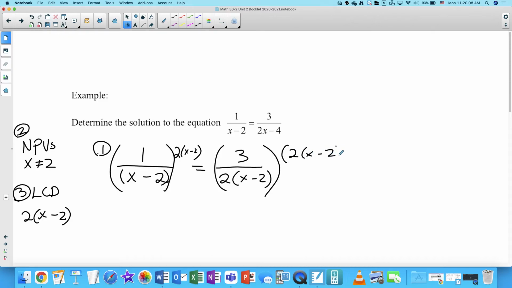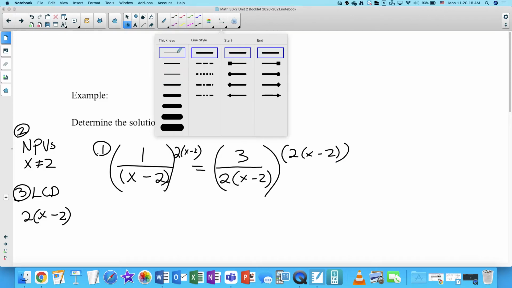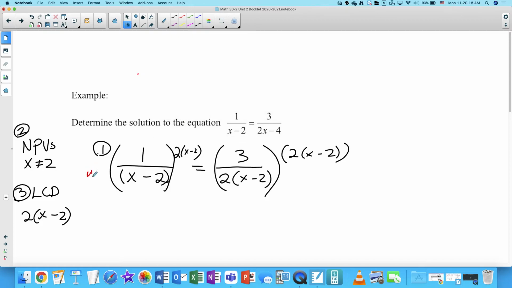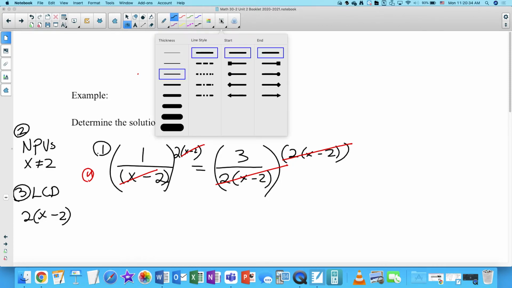Now on the left side, this is step 4. These cancel, and on the right side, the entire denominator cancels. And so what I'm left with is 1 times 2 is 2 equals 3.